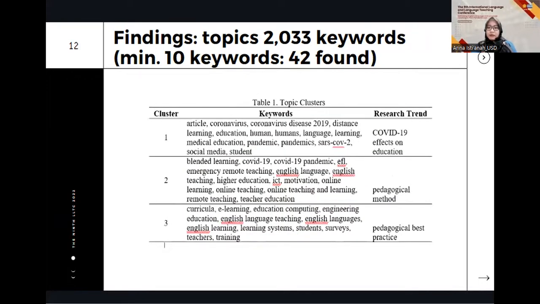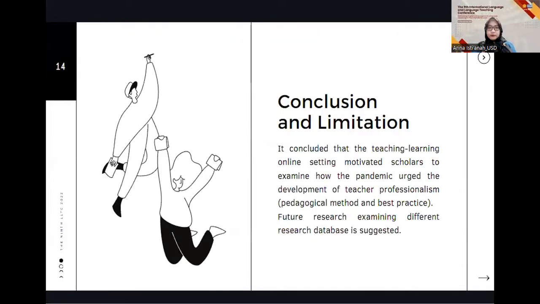So here is the summary of the clusters. I grouped them into 3 major research trends: the COVID effects on education, pedagogical method, and pedagogical best practice. So in my paper, I can say that research on teaching English in the pandemic has motivated researchers from developing countries, proven by the number of documents and citations.